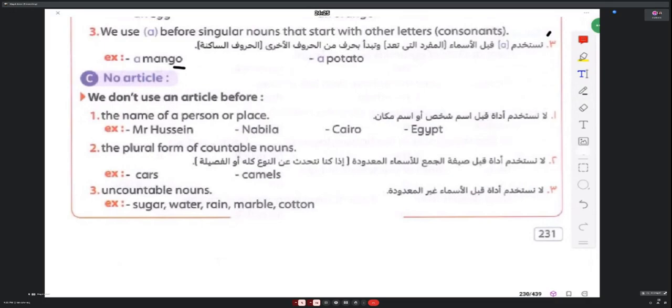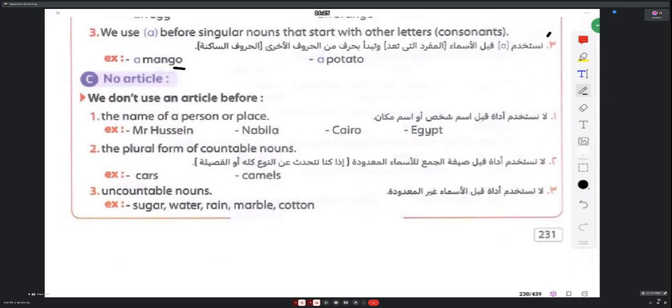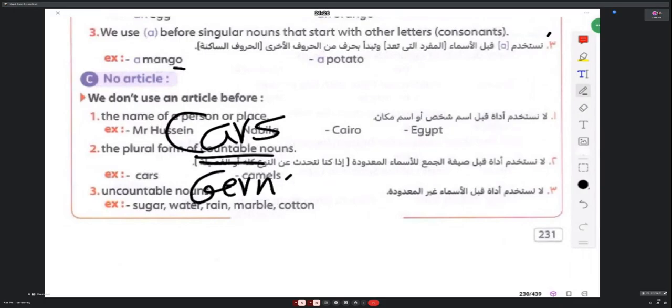The plural form of countable nouns, cars. When we say cars, we don't use the before it, but we can use the when we talk about something specific, or something assigned to you. Cars here means generally speaking.